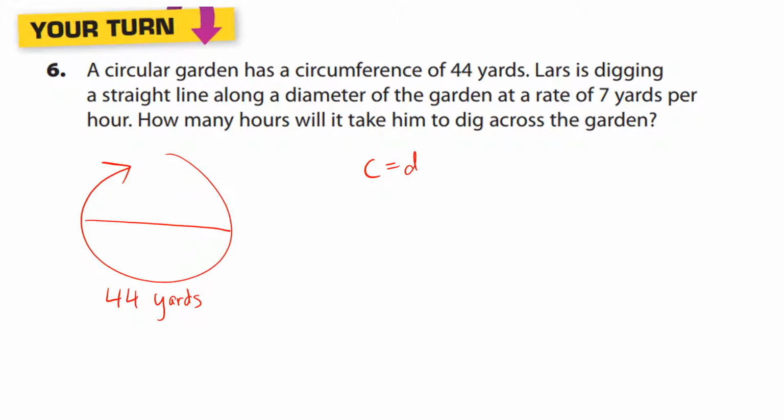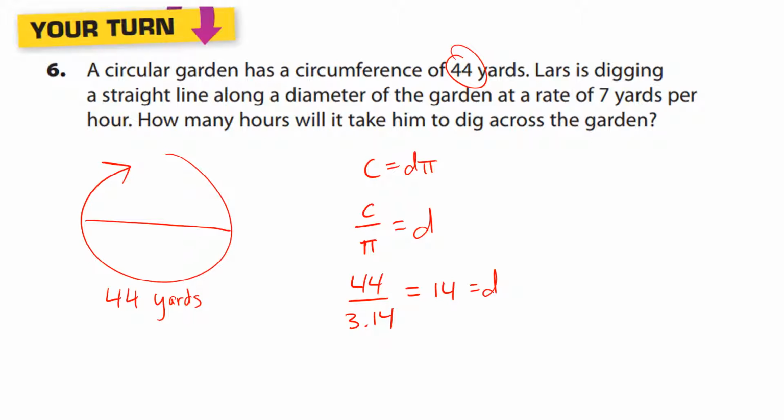Circumference is diameter times pi, so that means circumference divided by pi is the diameter. The circumference is 44 yards divided by 3.14, and 44 divided by 3.14 is about 14. That is the diameter.